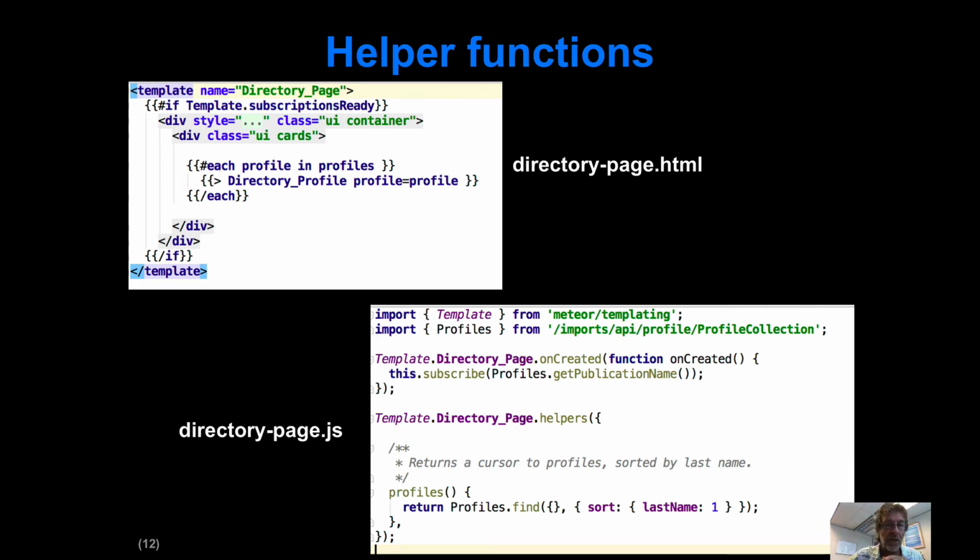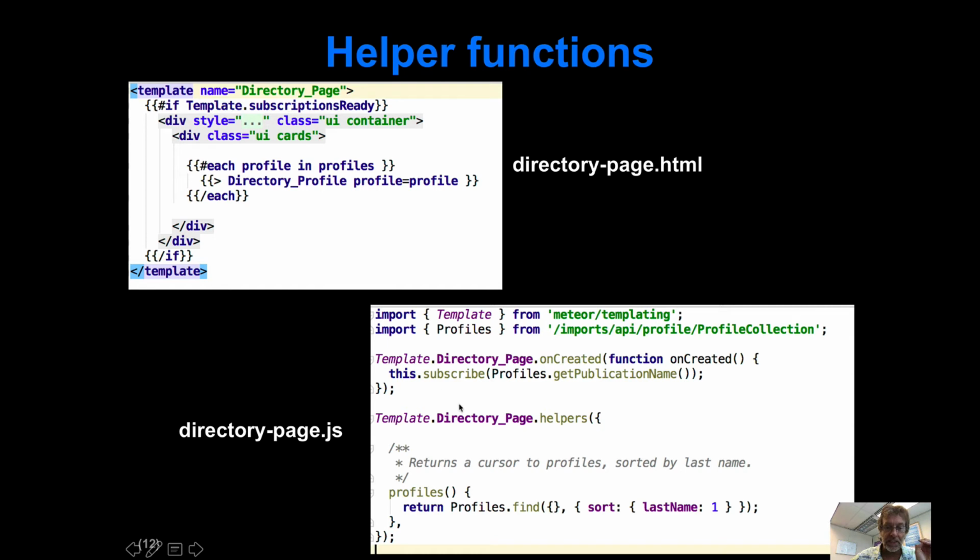So let's first start with the directory page template. You can see here's the HTML. We showed this before, and we can associate with that template, and you can see the syntax, Template.directoryPage. That's how we actually do the association.